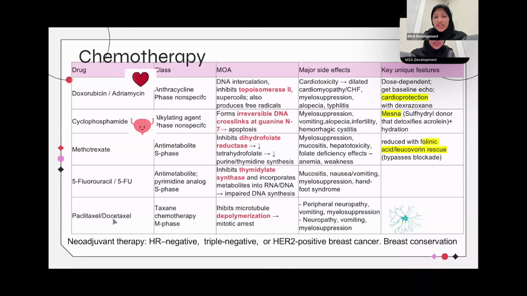Paclitaxel and docetaxel are taxanes from the name. Taxane chemotherapy affects M phase, and taxel inhibits microtubule depolymerization. Just remember that. So, depolymerization is inhibited and it arrests the cancer cells, okay?